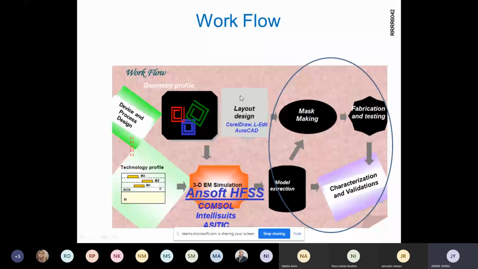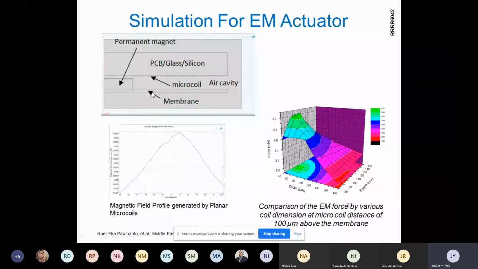For this simulation, we can create the substrate, the coil, and the permanent magnet, and this is the membrane.